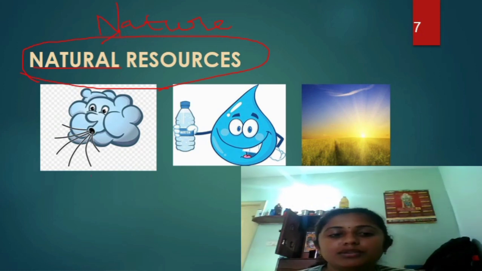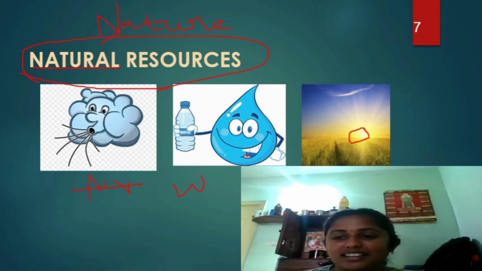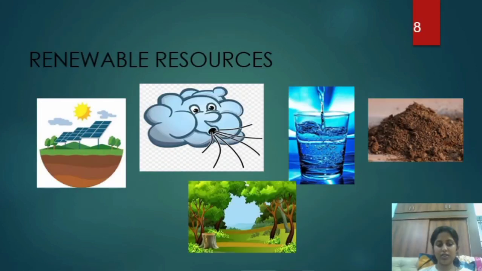Which is available in the nature. What is that? You can see air, water, and sunlight. Okay, students, taking you forward, we are going through the renewable resources.